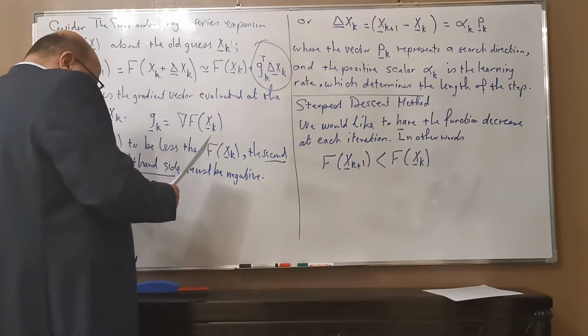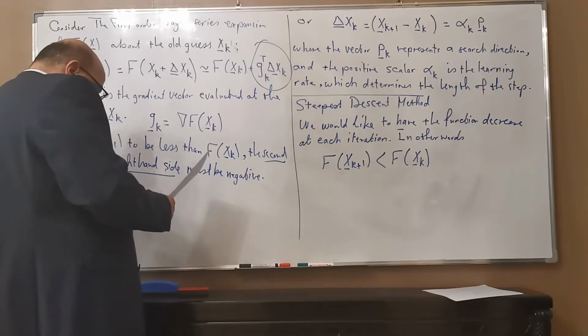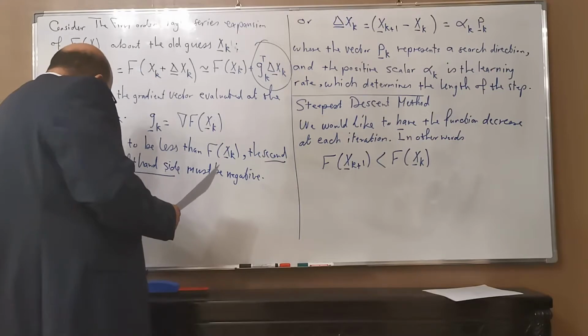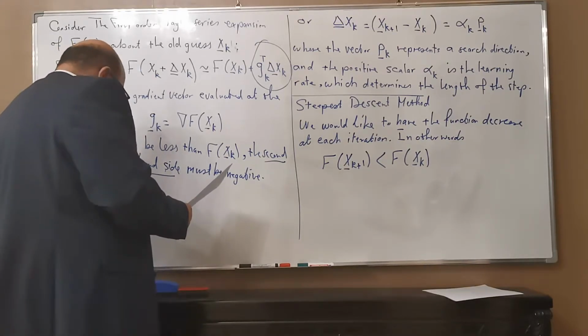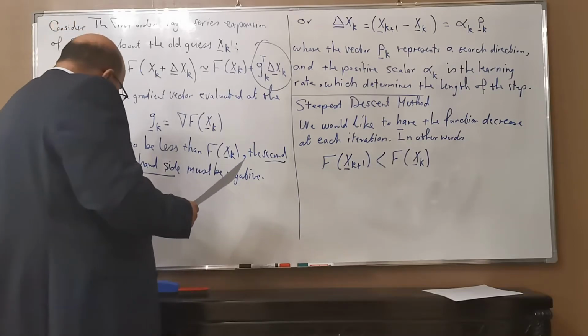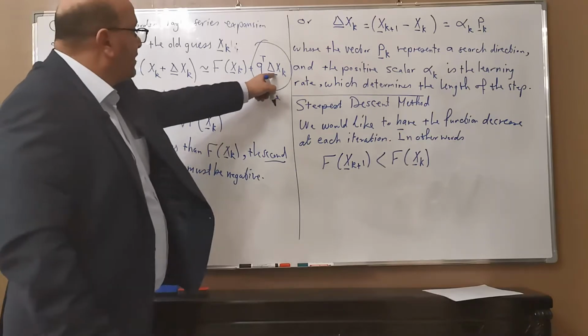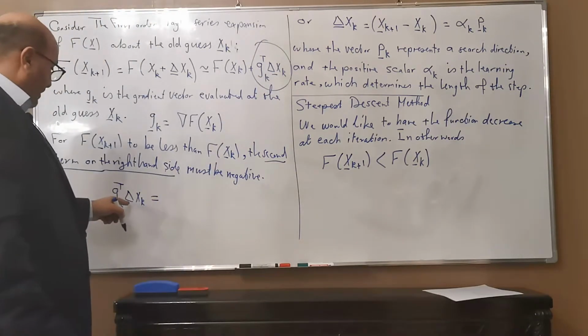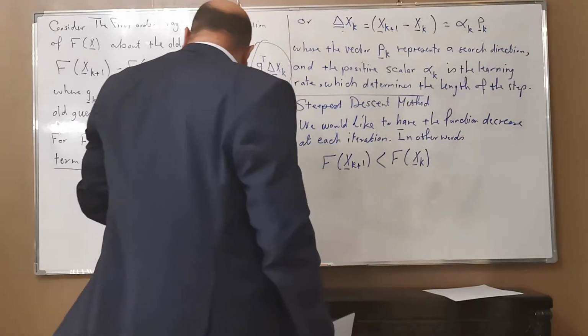Which means that gk transpose delta x at k equals to gk transpose delta xk. I'm going to take delta xk here and substitute it with this one.